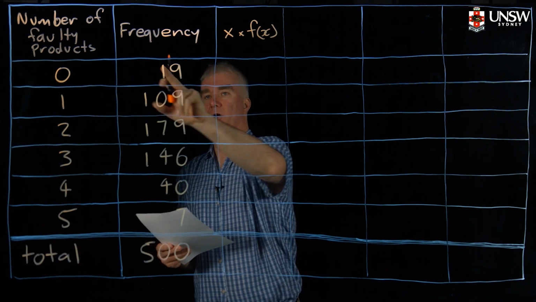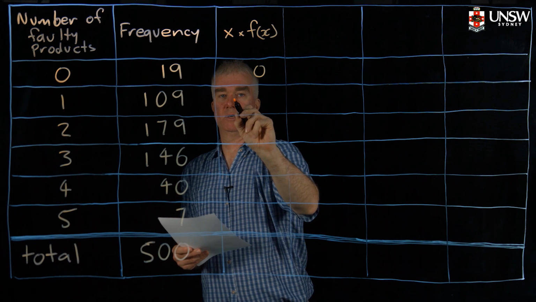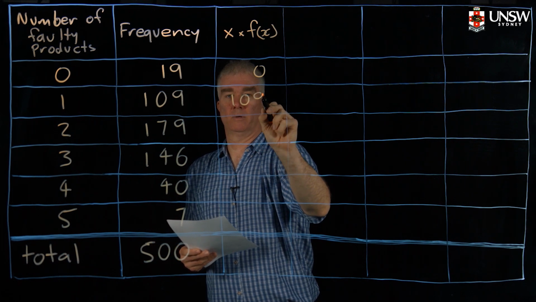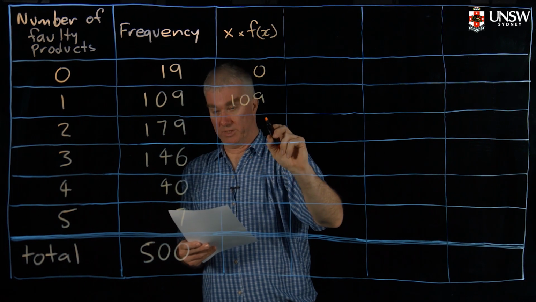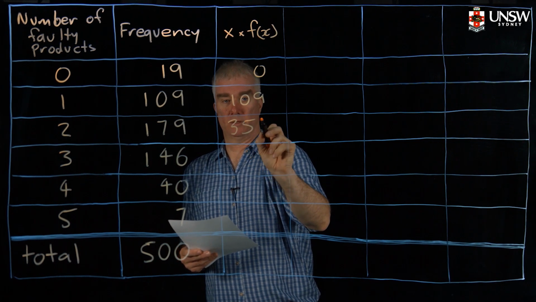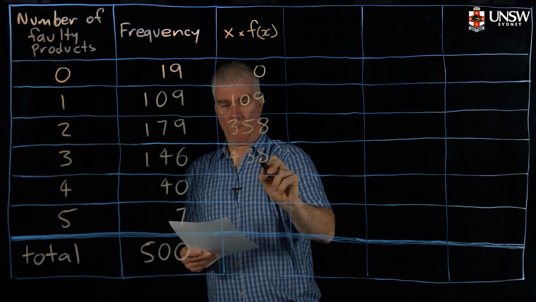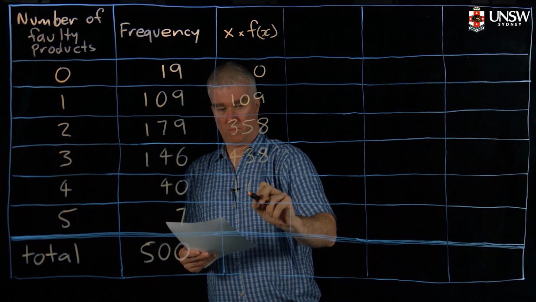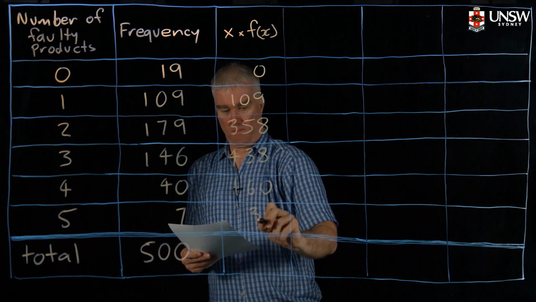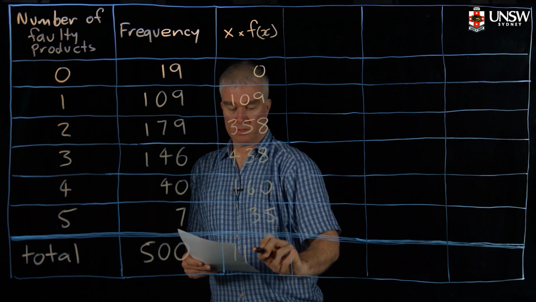So we get 0 times 19 gives 0, 1 times 109 gives 109, 2 times 179 gives 358, and so on. Which gives a total of 1,100.